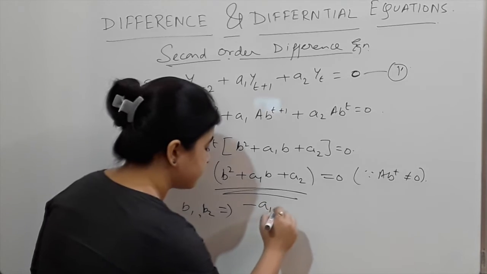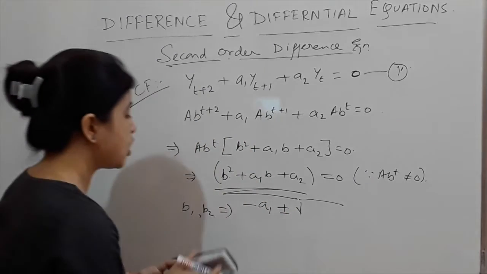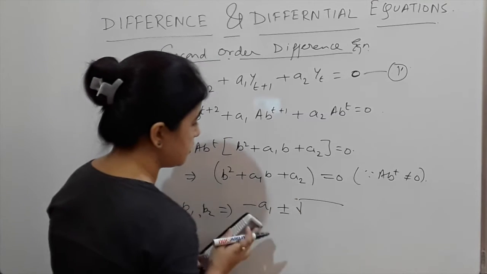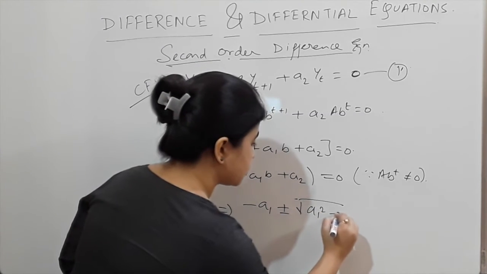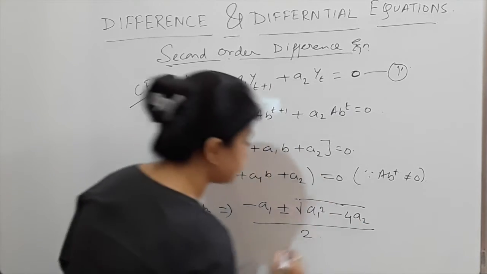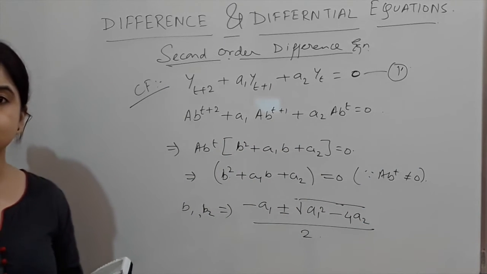So here we have minus a1 plus minus root over a1 square minus 4a2, divided by 2, right? So this is the whole thing.